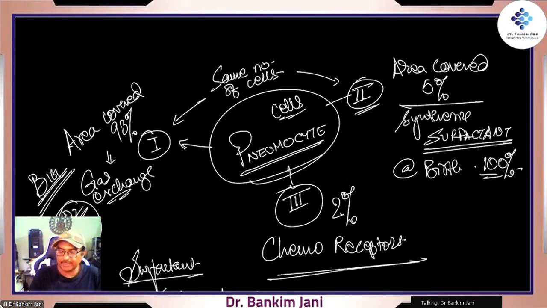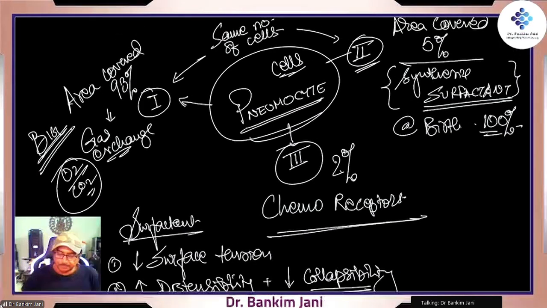These are the type 2 cells. They are just 5%, but they are important because they synthesize surfactant. At birth, they are 100%. Then gradually other cells start coming up, because the type 1 cells are not functioning when the baby is not born, as no gas exchange occurs.